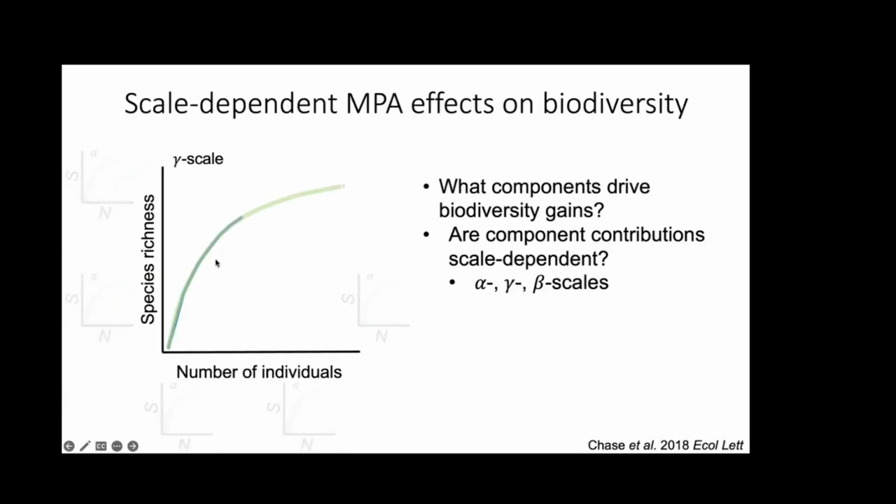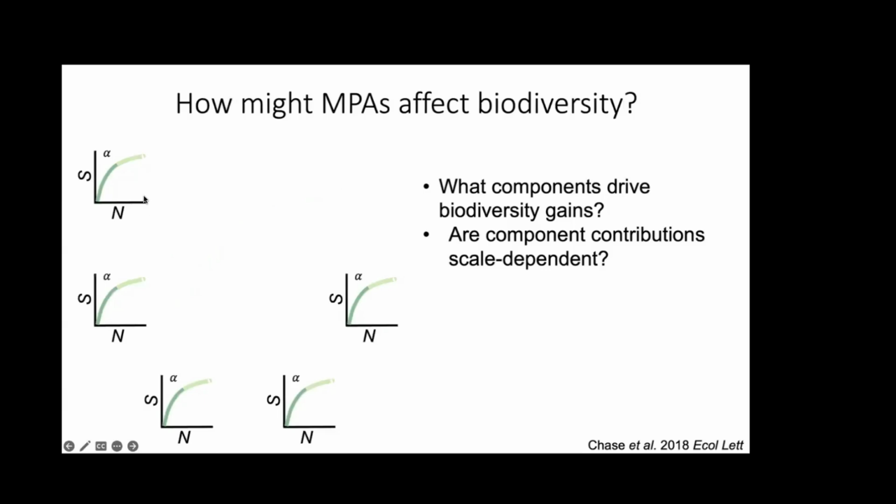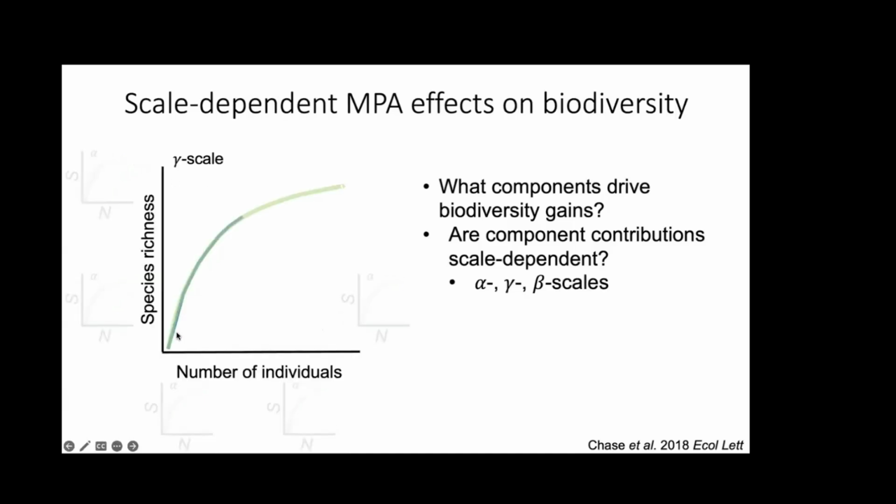And the other scale, so these are kind of site level, or what's sometimes referred to as alpha diversity. And we can pool all of these sites together to create some larger scale that is quite often called gamma diversity. And again, we can ask this same question: how are the components changing?